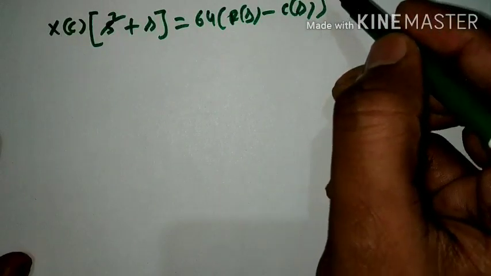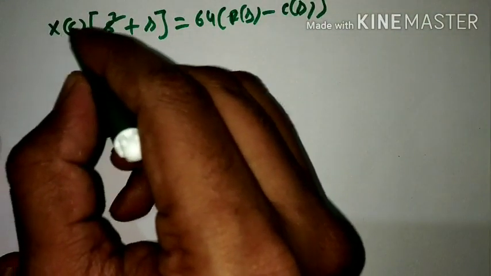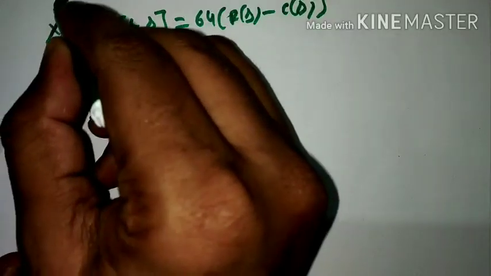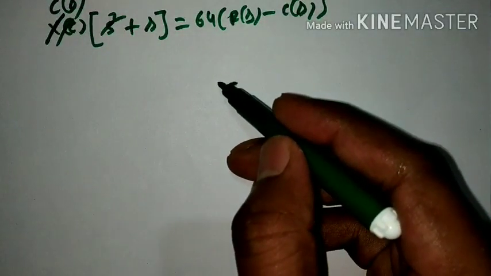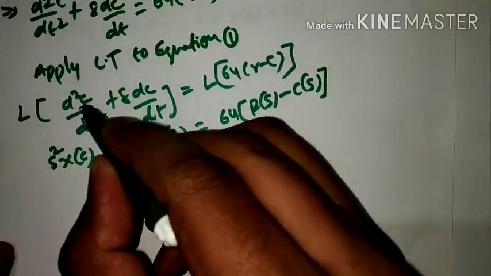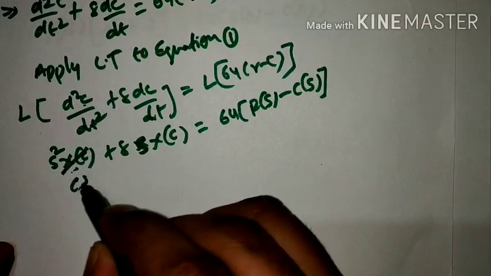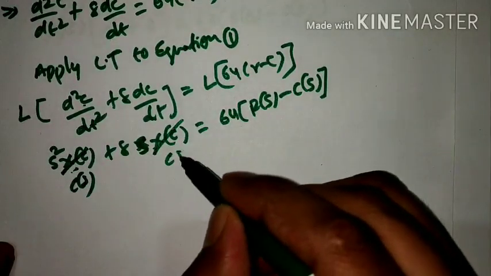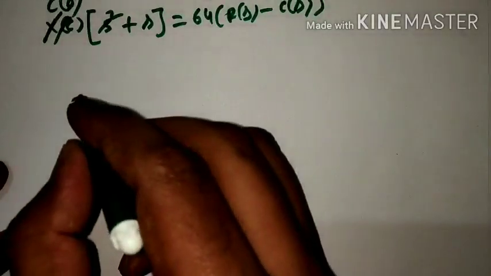So here this is C of s, not X of c, this is C of s. Here also C of s. So what happened?